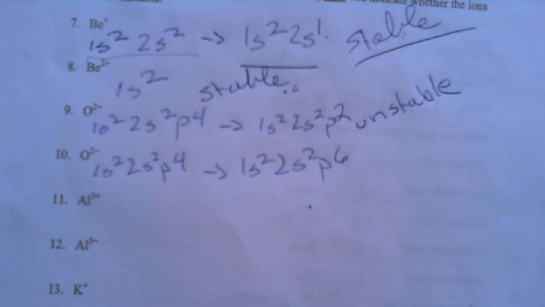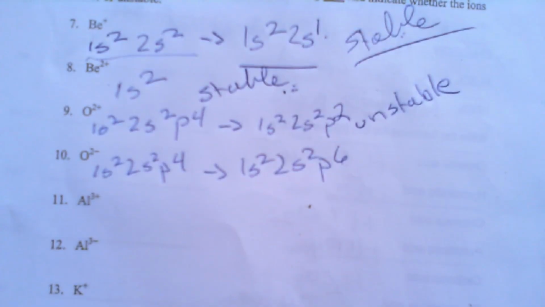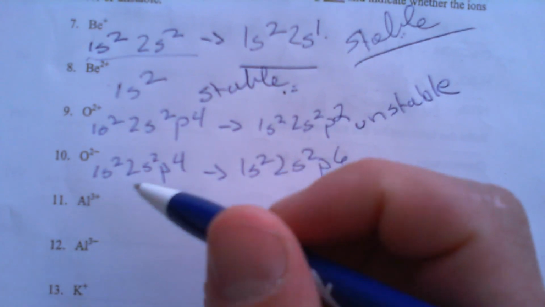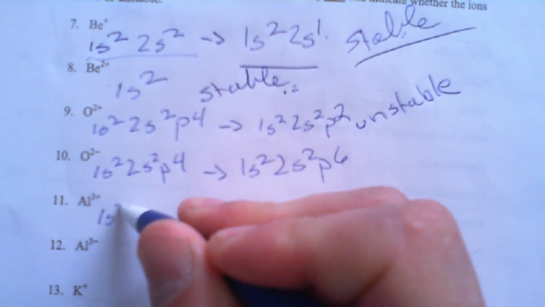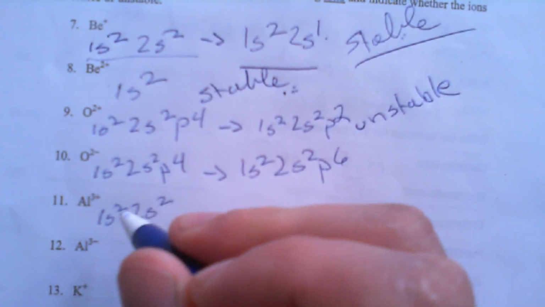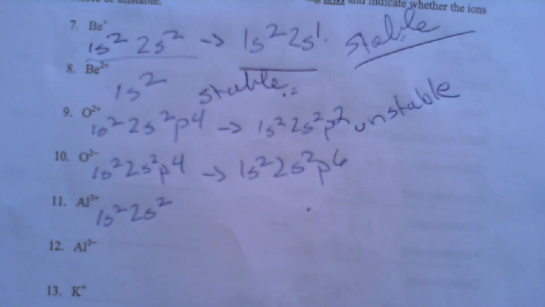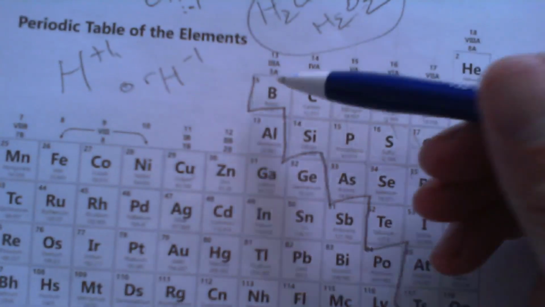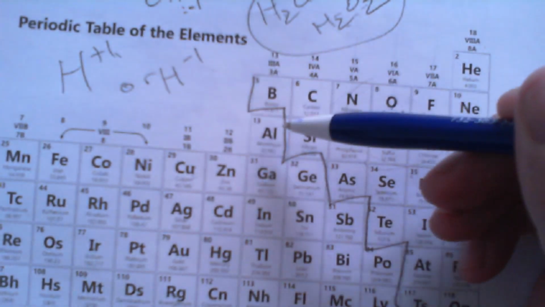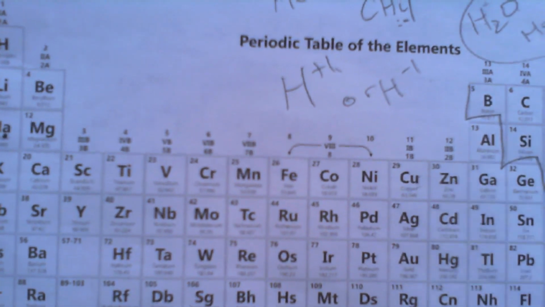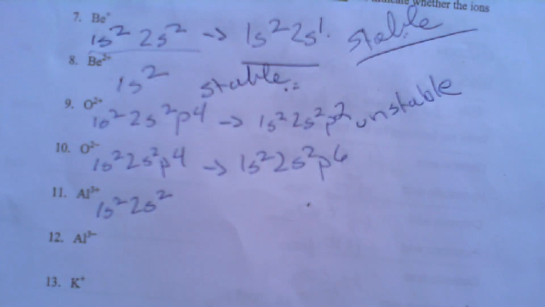Let's look at Al with a 3+. Now, we did say that that was a 3+, meaning it gives away 3 normally. So 1s2, 2s2. And where is aluminum on the periodic table? Let's reference that for a moment. Aluminum is right here, right below boron, so it's on the 3rd row. It's going to be 3p1. That's what we need to get to.